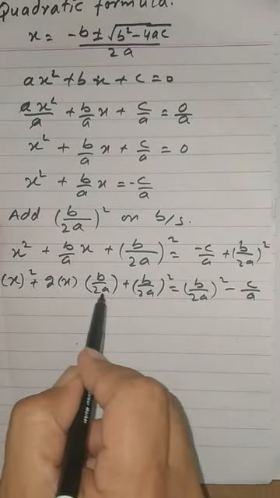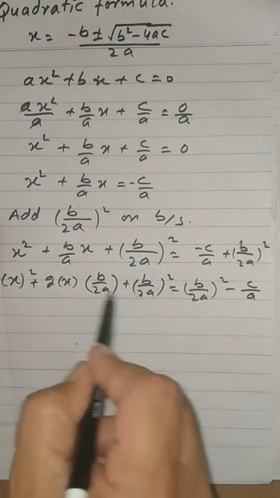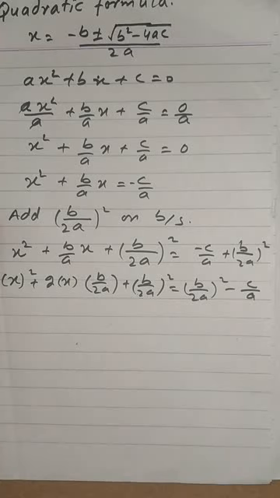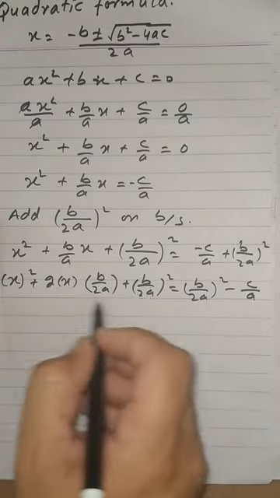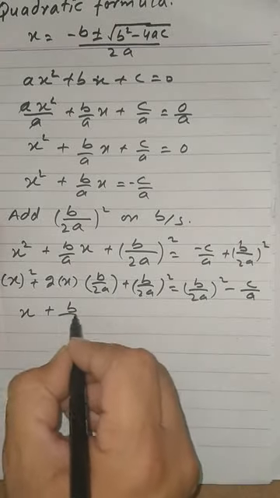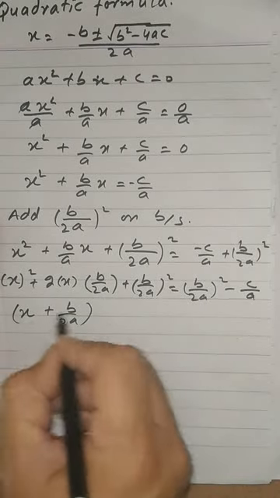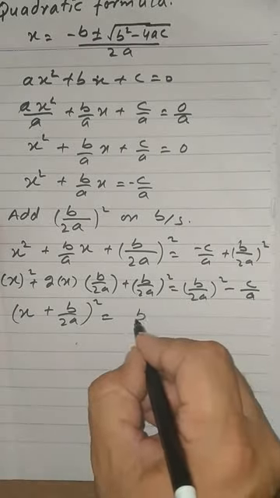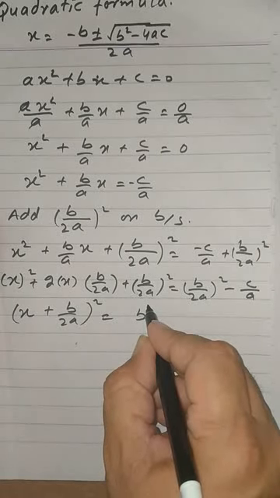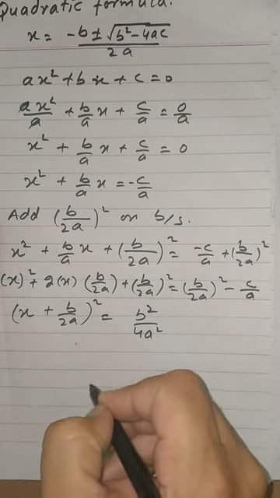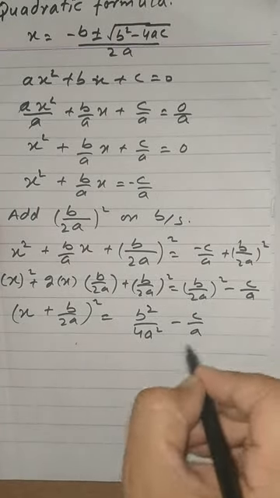Now look, this 2 cancels with this 2 and we get this term again. Now this is a perfect square. We can write it x plus b by 2a whole square equals b square divided by 4a square minus c divided by a.